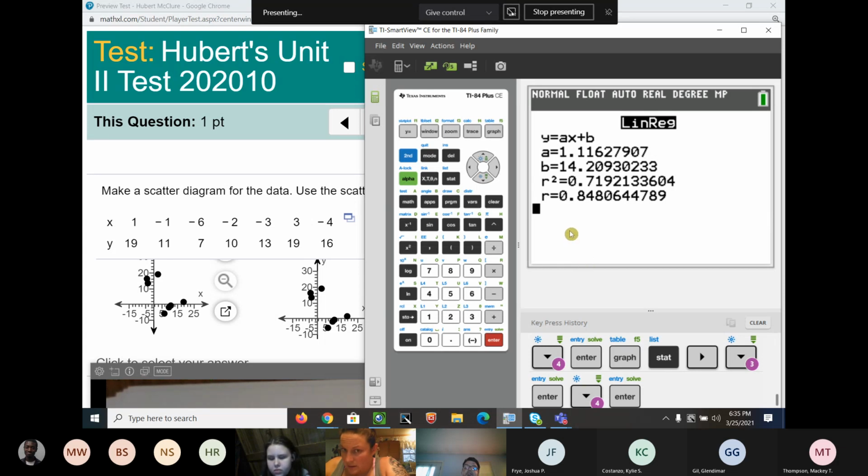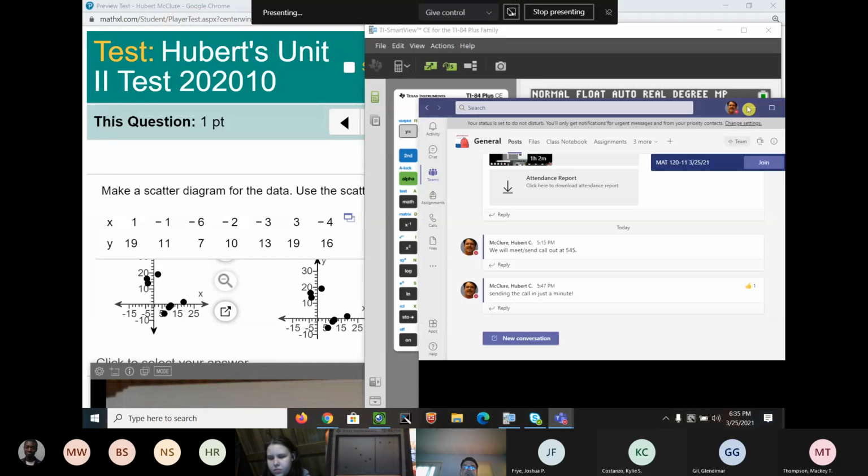But do it one more time. Let me look at it. All right, R is equal to 0.84806444789. So there's my points. Okay, go ahead and hit graph and let me look at it. Hold on.